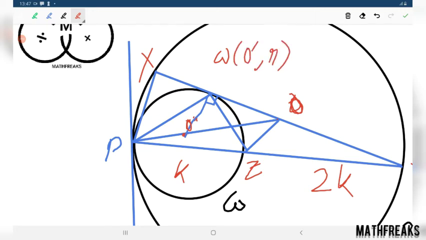Let its radius be r, small r. This is also r, this is also r. Now let us join this. This is also r. Interestingly, this is also the radius of the larger circle. So this angle equals this angle. Similarly, this angle is also equal.